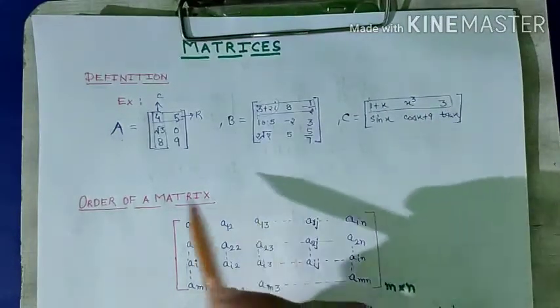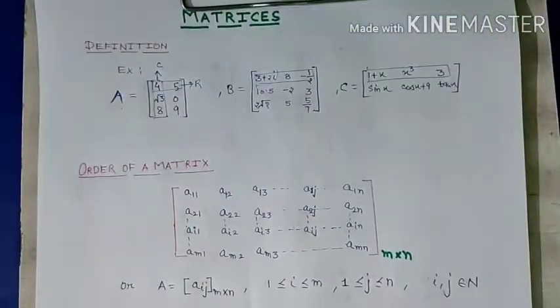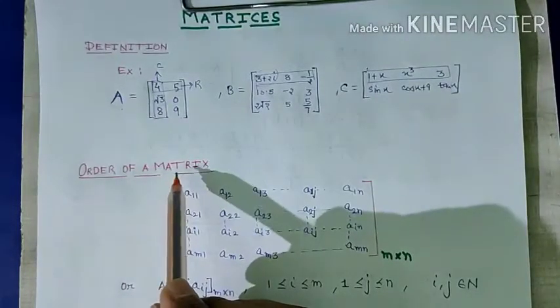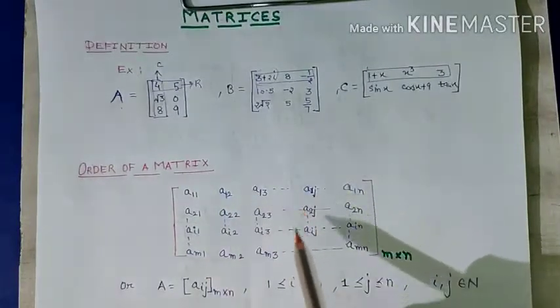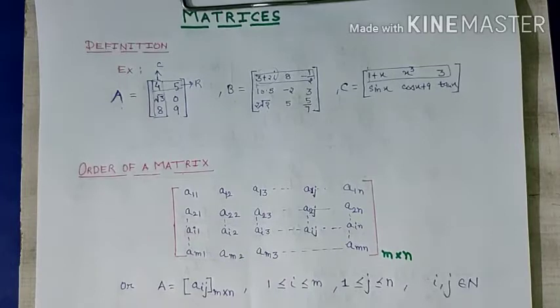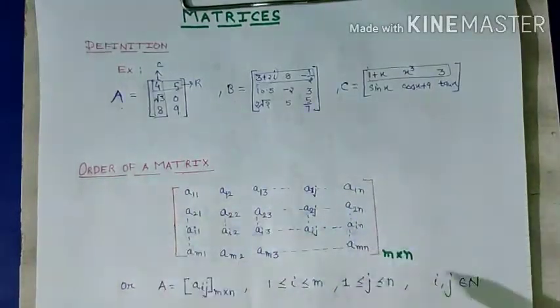Now, we will discuss another important topic, order of a matrix. A matrix having m rows and n columns is called a matrix of order m by n. We simply read it this way, m by n matrix.